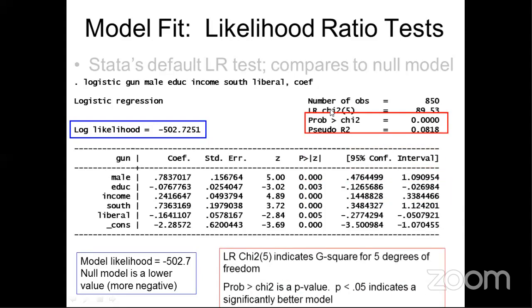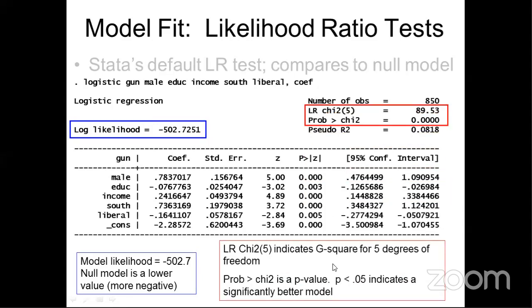This indicates that with 5 degrees of freedom, our model which we have fitted for owning a gun is a better model compared to the base model or the reduced model. So just by observing this likelihood ratio, whether your model is good or not can be interpreted. And since the probability value is 0.000, it is significantly a better model compared to the lower model or the base model.